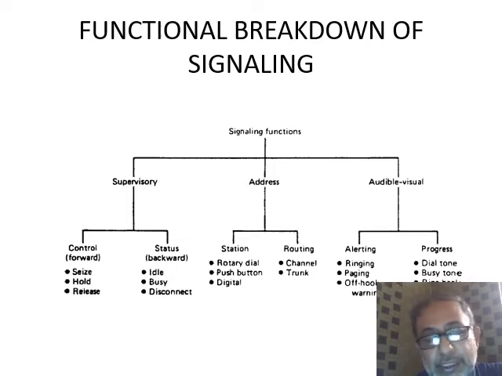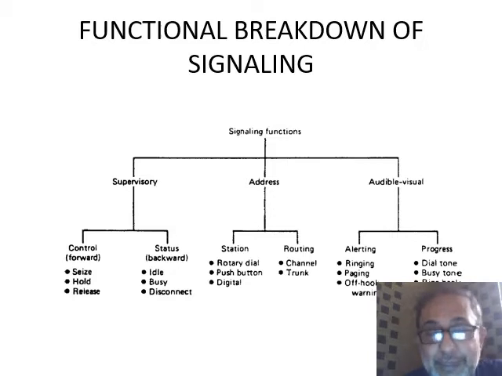Control signaling is, for example, the seize signal, which is sent to instruct to seize a particular trunk in between, or hold, or release. Similarly, the status signals are like the idle. Idle means that the user on the other side is idle, it's busy, or it's disconnected. These are the status backward supervisory signaling functions.